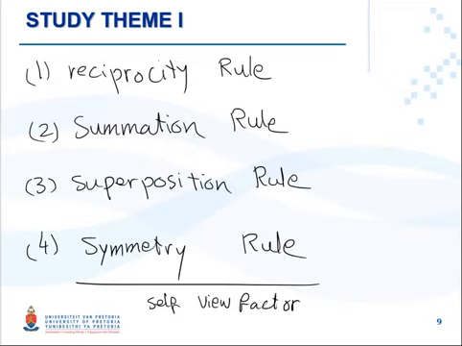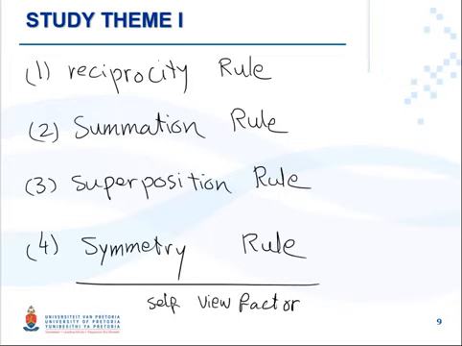Or if we are facing a non-standard geometry that somehow we can relate to a standard geometry, first we can find that standard geometry from the table, we can find the view factor, and after that, by applying these rules, we can get the view factor that we want. Okay?